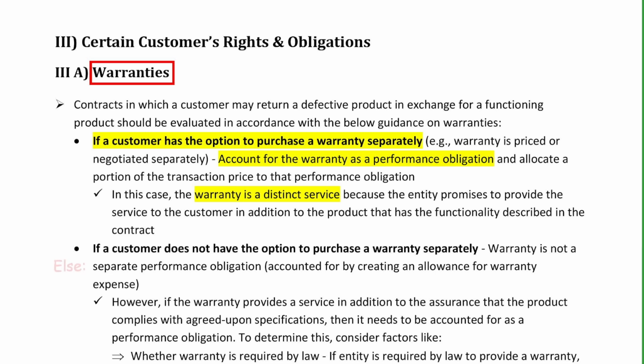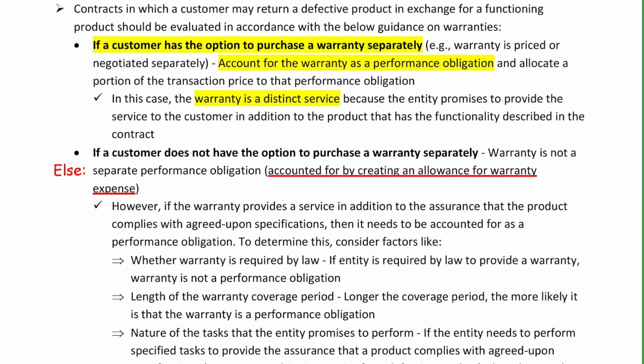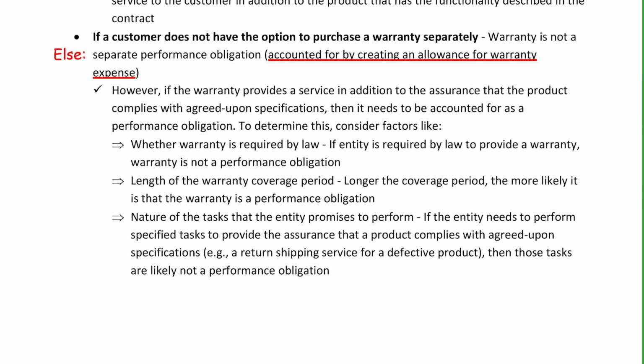Else the warranty is accounted for by creating an allowance for warranty expense. Circle however and highlight if the warranty provides a service in addition to the assurance that the product complies with agreed upon specifications, then it needs to be accounted for as a performance obligation.